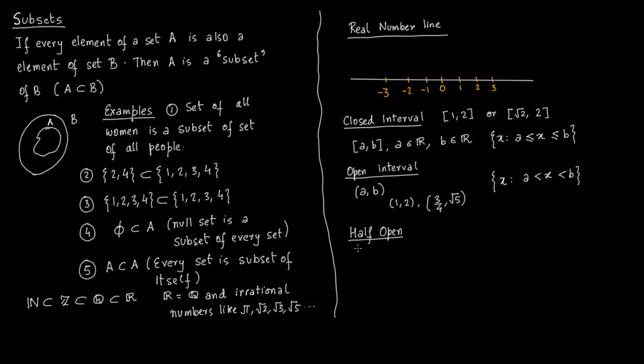Now we talk about half open intervals. So here again it is precisely like the above, but now x can take the value of A but not the value of B, and it can take all the values between A and B. Similarly, we have another form where x again lies between A and B, but x cannot take the value of A, but it can take the value of B. So this is just terminology.